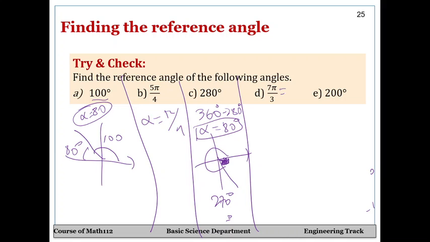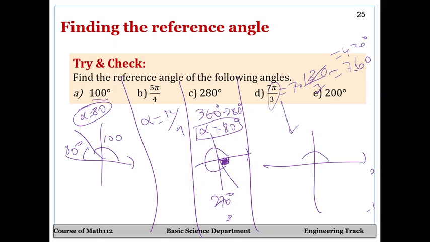And you can do 7 times pi over 3, which is 7 times 180 divided by 3, which makes 7 times 60, so it will be 420 degrees. So 420 degrees is more than 360, so it goes around 360 up to here and comes back again.